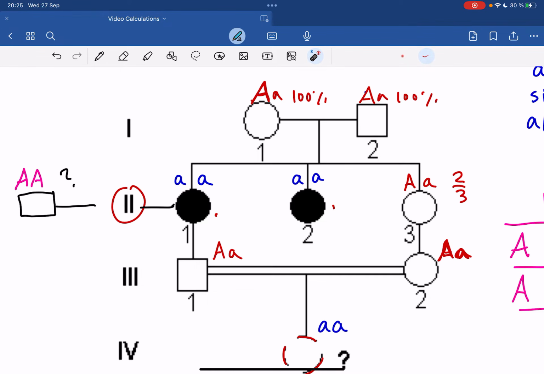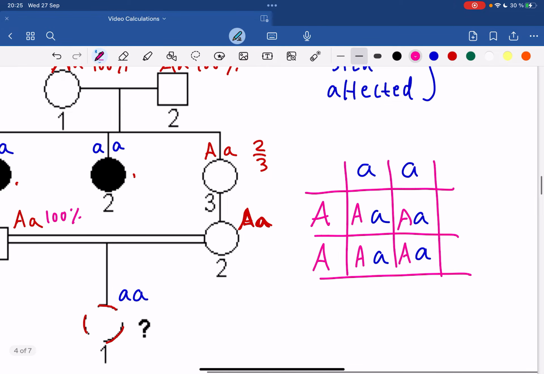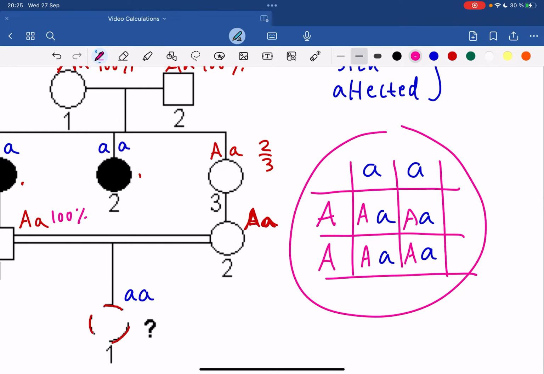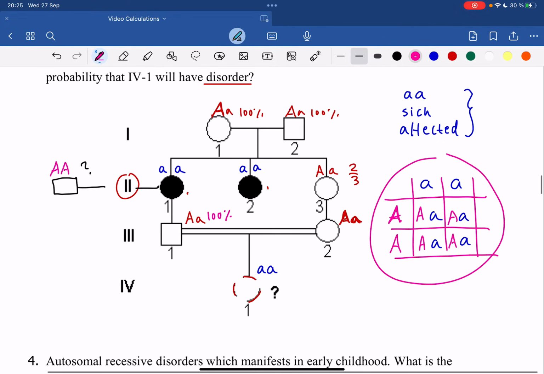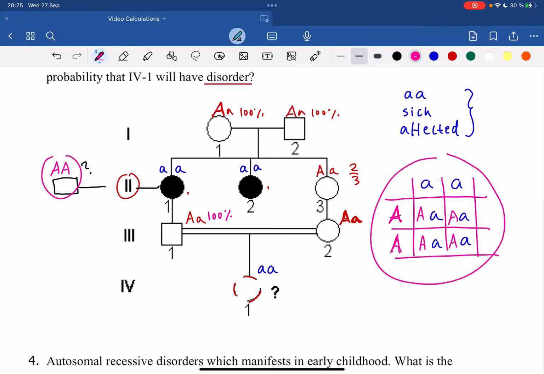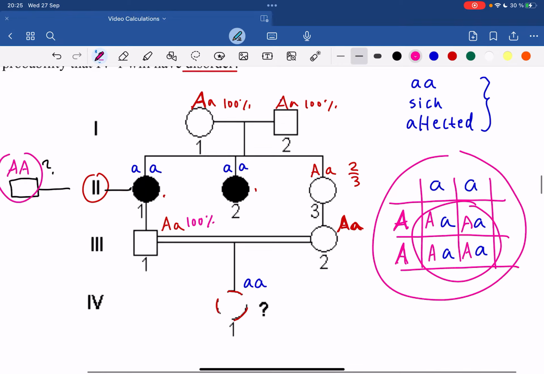Therefore, it would be 100% heterozygous, which we also can see in this Punnett square. So we, of course, assume that the father is this. We get 100% heterozygous. Okay.